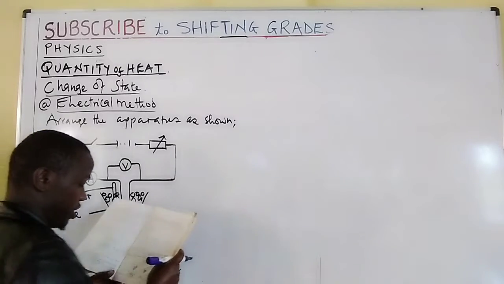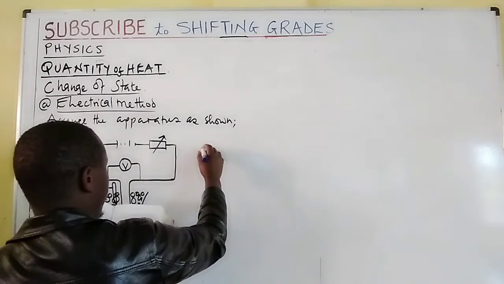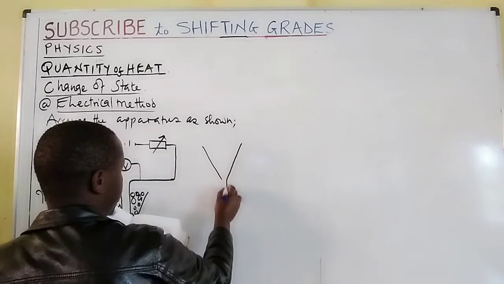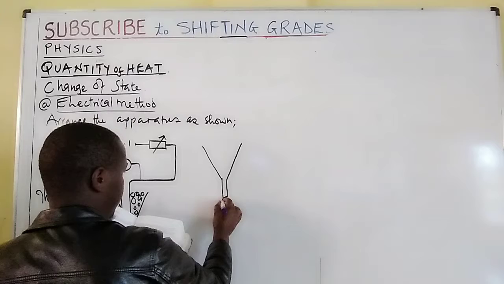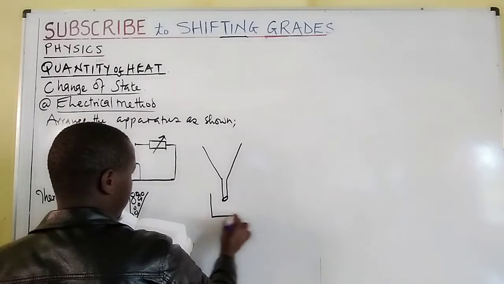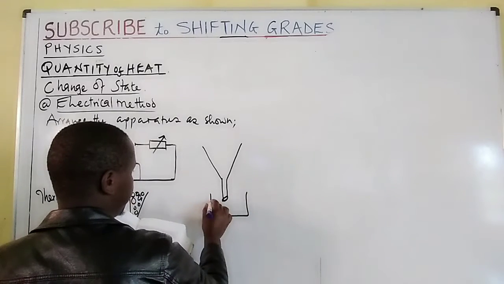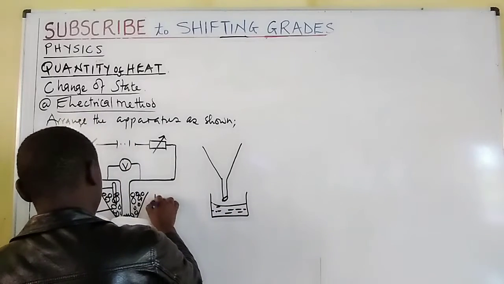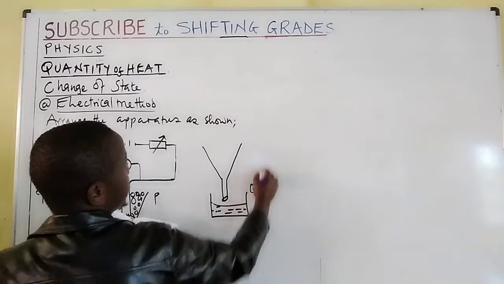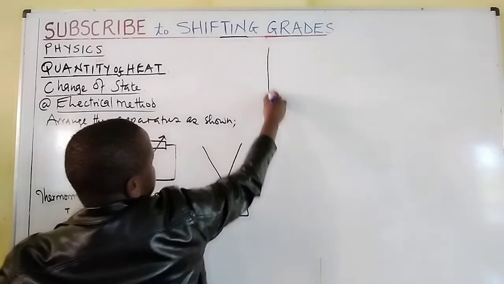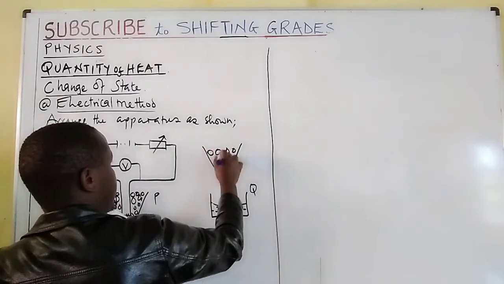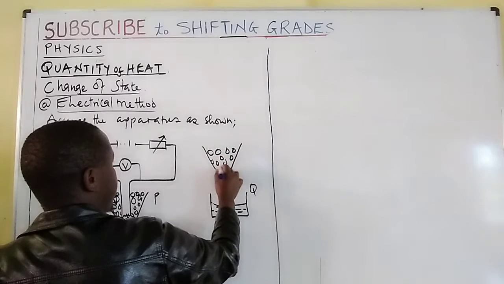At the same point, you'll set up another experiment B here, with an equal mass of ice. And you also collect water. So this is P and this is Q. Funnel P and funnel Q. Q is just naturally being left outside, nothing is happening.